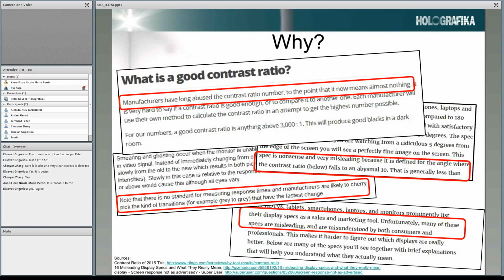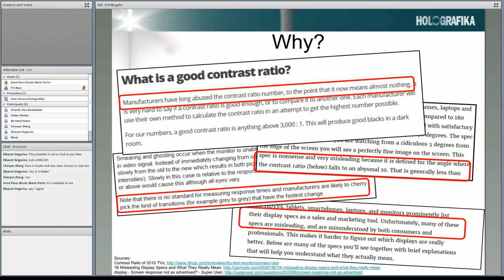I wanted to start with some reasons behind the creation of this standard. As you can see in these quotes that I have found about different metrics and numbers quoted in the specification sheets of different displays, people tend not to really believe in the contrast ratios, viewing angles, response times or other metrics that are often quoted by display manufacturers.